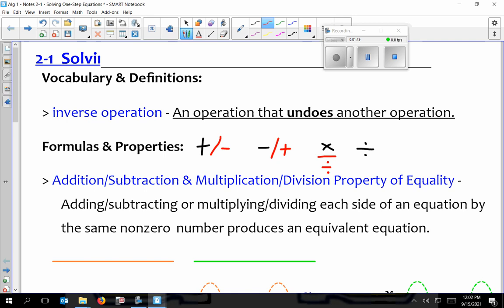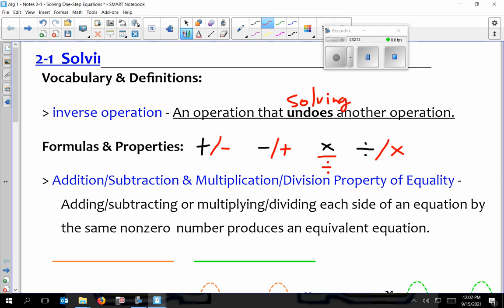And if you're dividing in a particular problem, to undo that, you're going to multiply, okay? So those are all inverse operations of each other. We're just going to have to make sure we identify what we're doing, then do the opposite to undo it. When we undo something, we're solving the equation, whatever that might be.